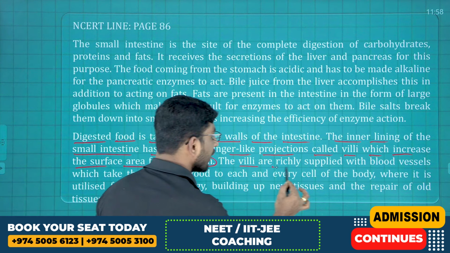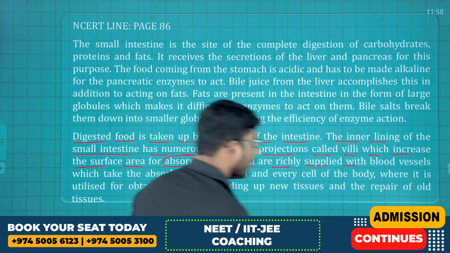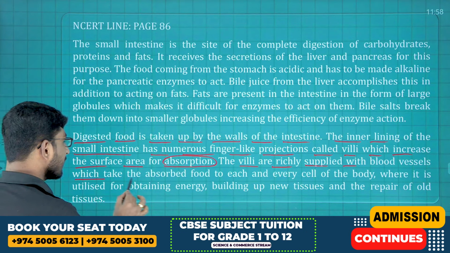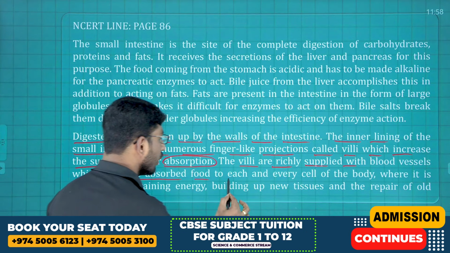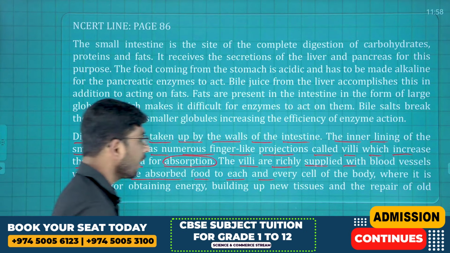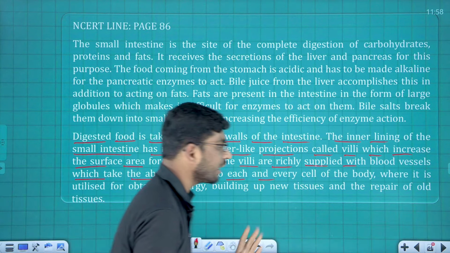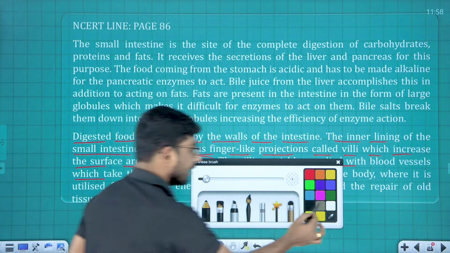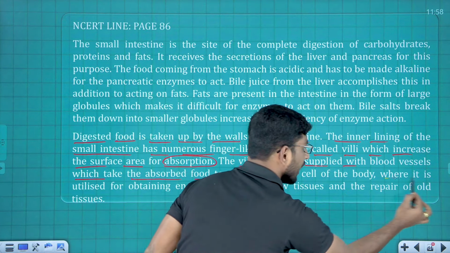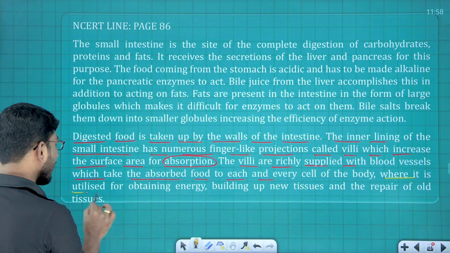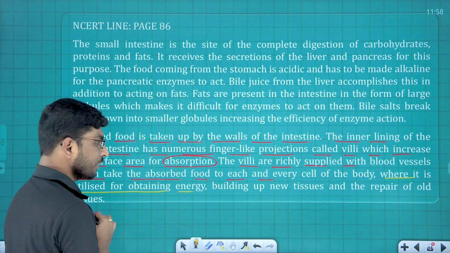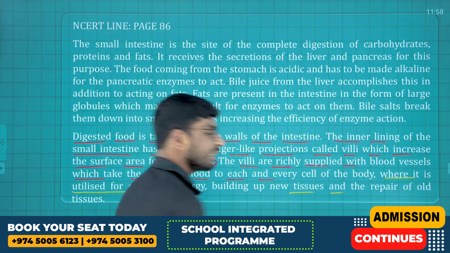The villi are richly supplied with blood vessels, which take the absorbed food to each and every cell of the body, where it is utilized for obtaining energy and building up new tissues for repair.